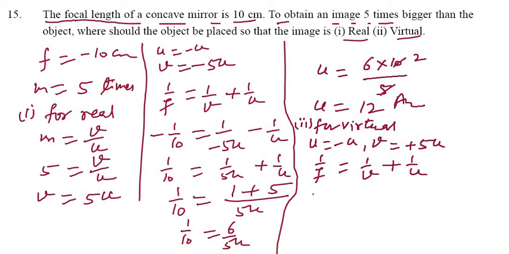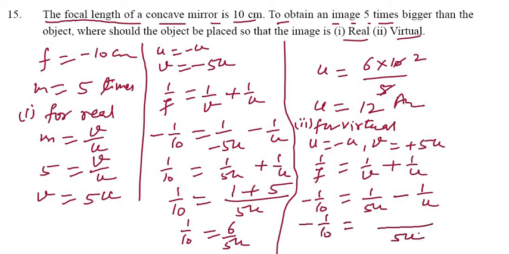So 1 upon f, that is minus 1 upon 10, will be equal to 1 upon v, that is 5u, plus 1 upon u, and it is in negative sign. It is minus 1 upon 10 is equal to, taking the LCM, it is 5u. Here it is 1 minus 5, 5 ones are 5, so you can write 5.